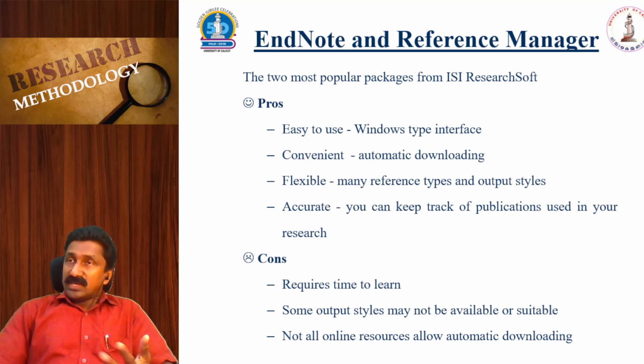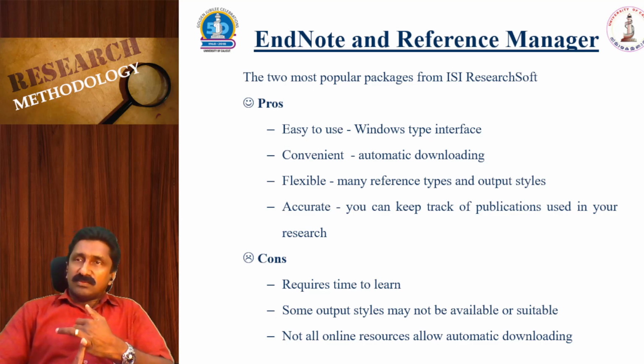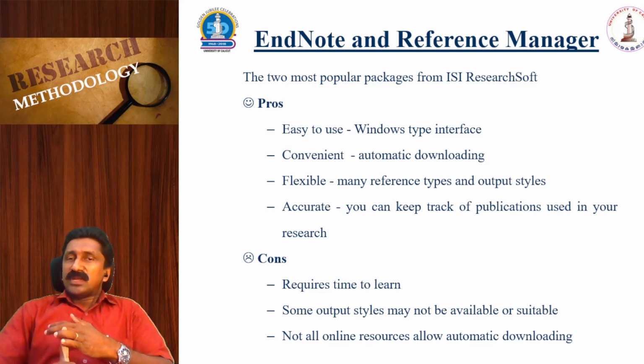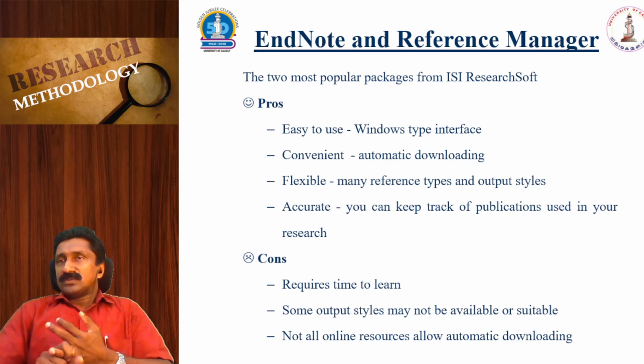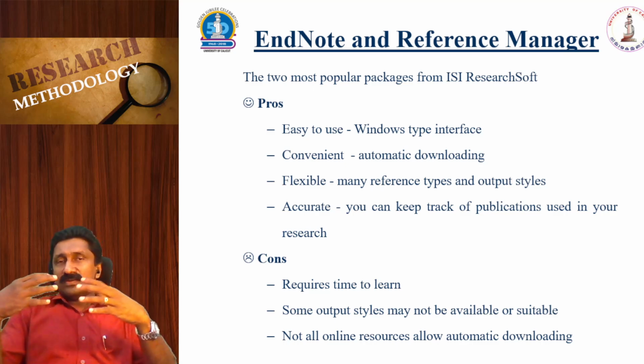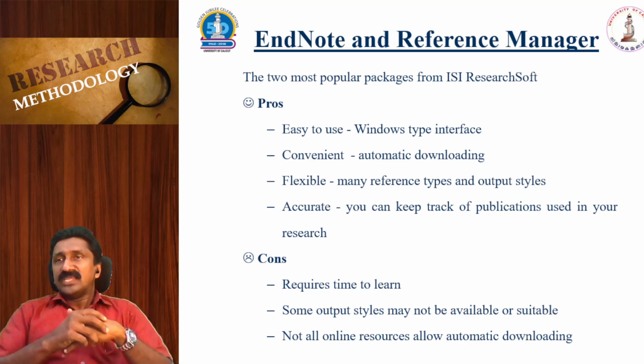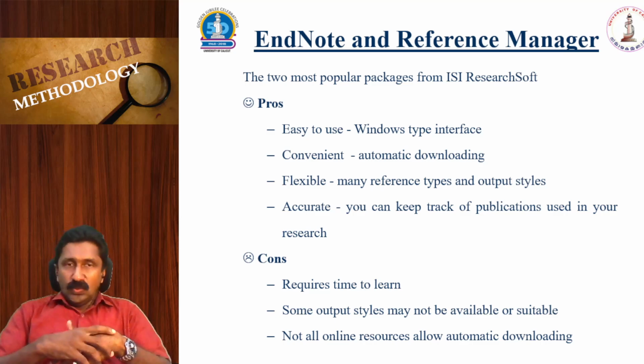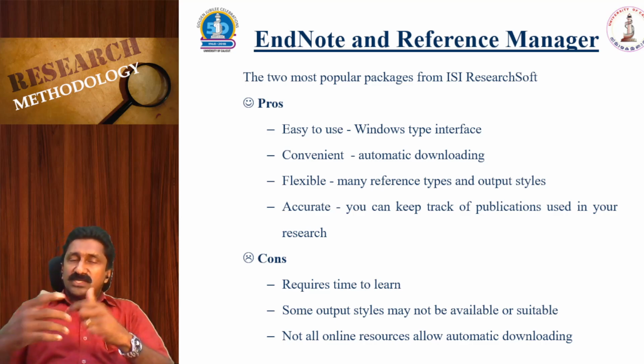And it also requires more time to learn, because advanced softwares require more time to learn as there are more options. And some output styles may not be available or suitable. If a reference style or formatting style is not available for any journal, it is quite difficult for you to create a style of your own. So that's one issue.